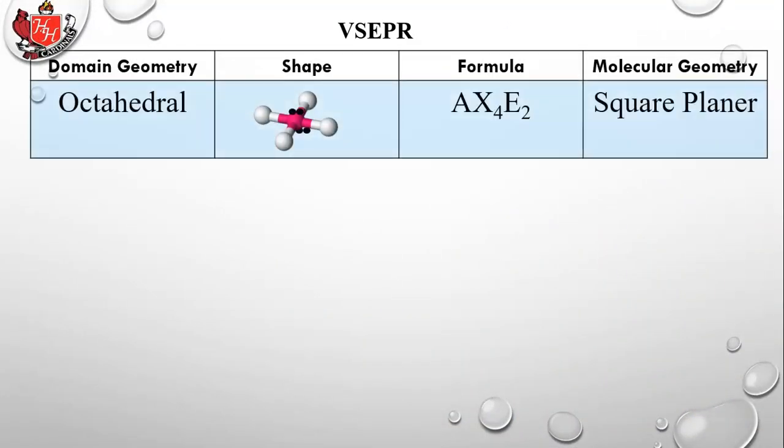Okay, now we've taken off 2 of the atoms. Still octahedral domain geometry, AX4E2, so now you have 2 lone pairs. Now it was hard for me to do this image properly. Those 2 lone pairs are on exact opposite sides of that central pink atom. So that pair on the bottom should be directly underneath the pink atom.